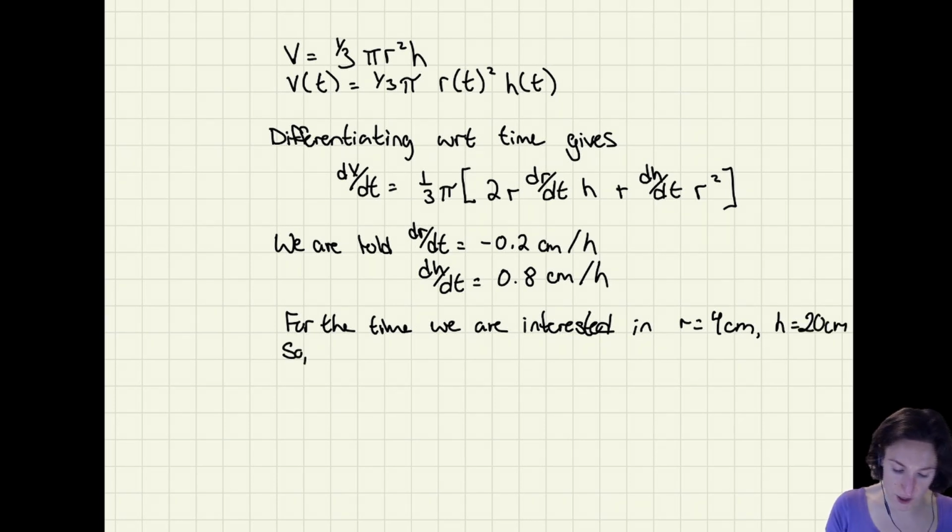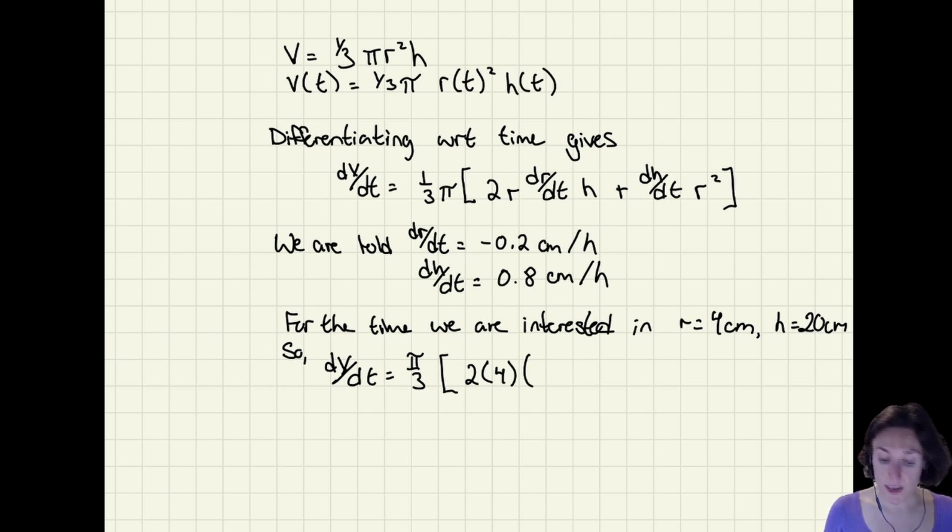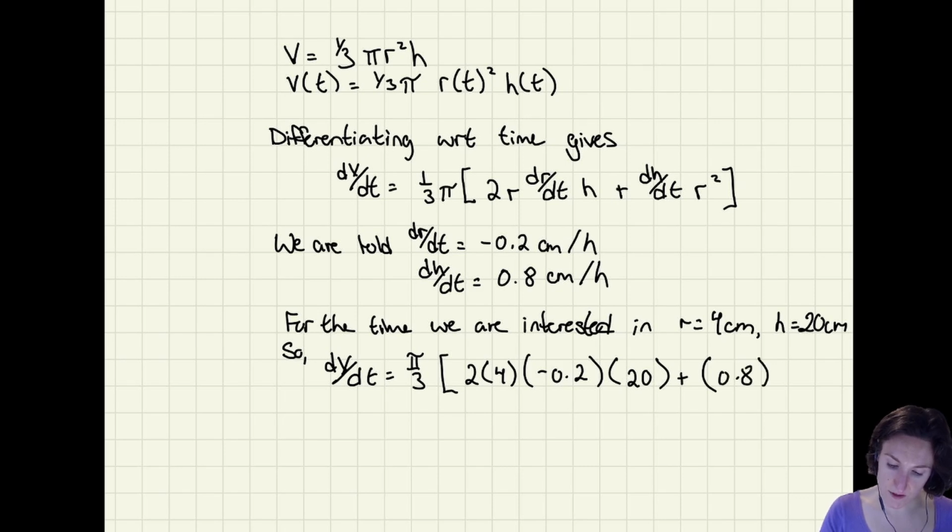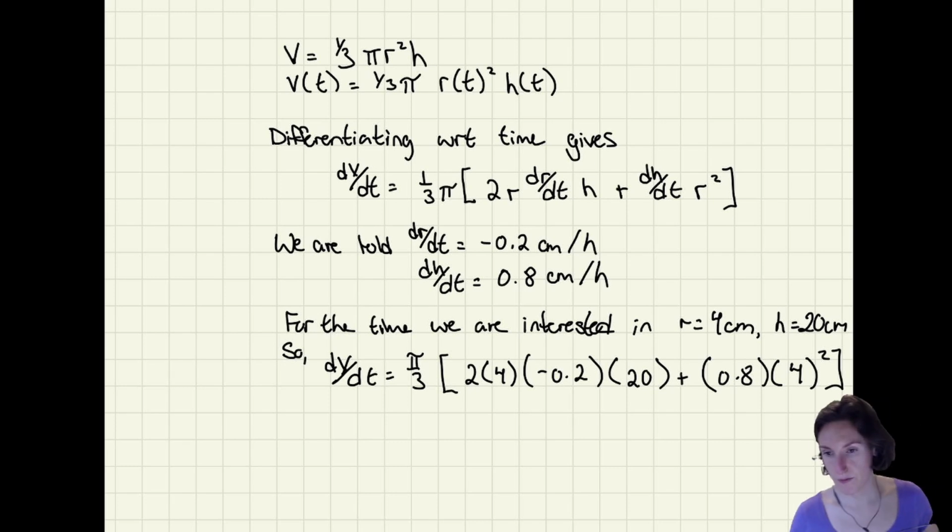So that means our expression here, our dV/dt, this is going to be equal to 1/3, and I'm going to put the pi actually up top here. And then I have 2 times, my r is going to be 4, my dr/dt, that's the negative 0.2, and my h is going to be 20. My dh/dt is going to be 0.8, and again my r is 4, and in the second term it's actually squared.